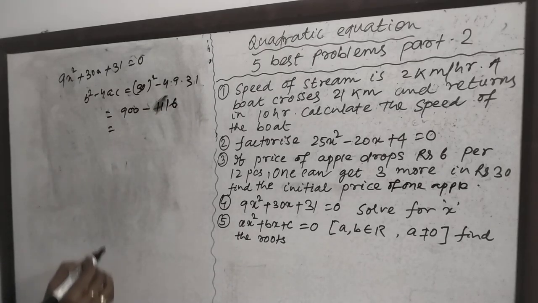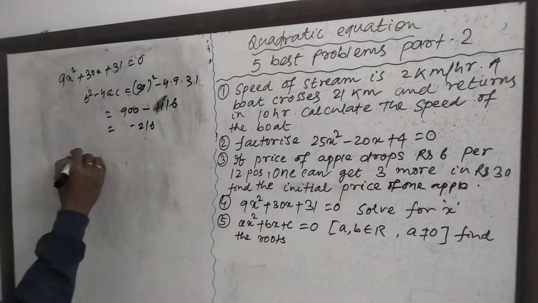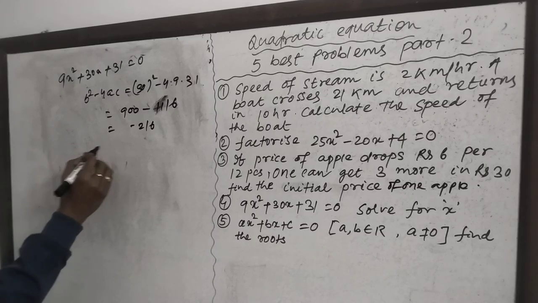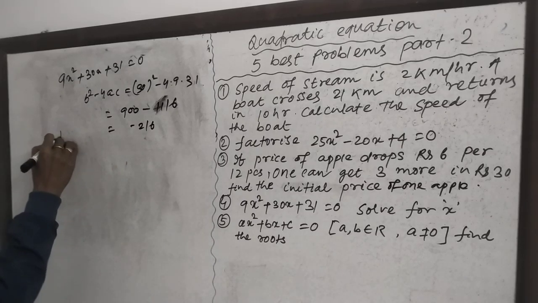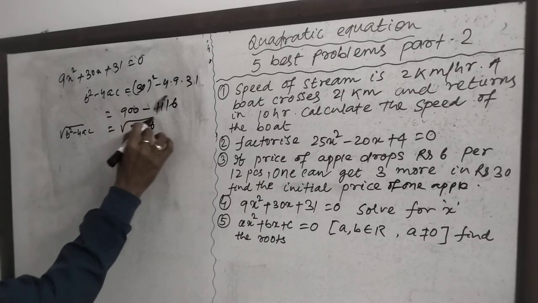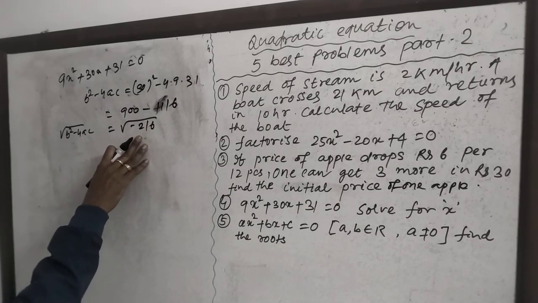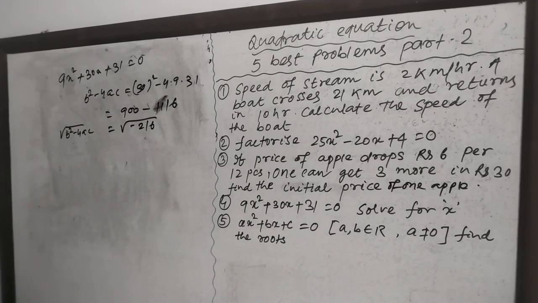Now this will be minus 216, that is, B square minus 4AC is negative. Okay, the root over B square minus 4AC is equal to root over minus 216, that is, this is an imaginary number, so the roots will be imaginary.